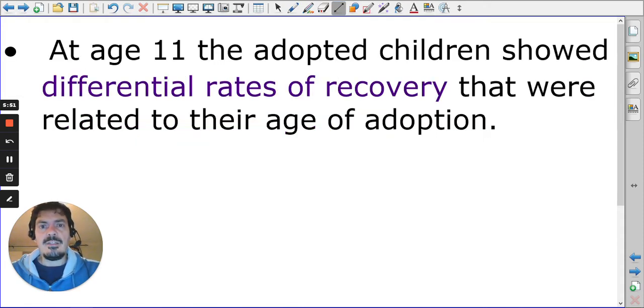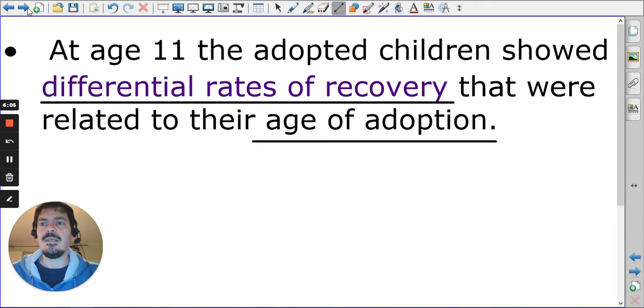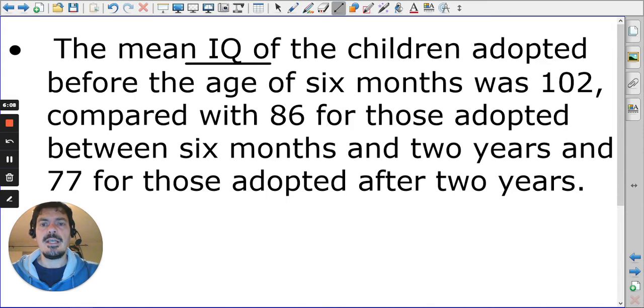Now, of course, as the adoption studies continued till age 11, what we find is differential rates of recovery. In other words, the children recovered at different rates dependent on the age of adoption. One of the ways we can see this is when we looked at IQ. If they're adopted before 6 months, they had an average IQ. 102 is an average IQ.